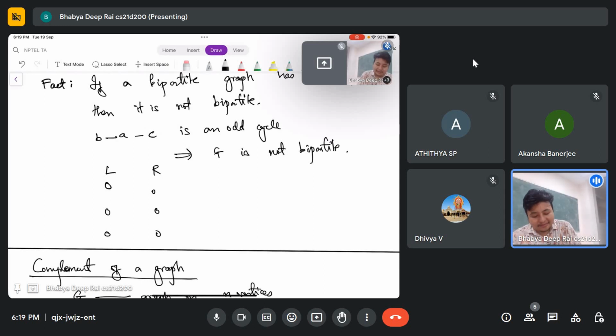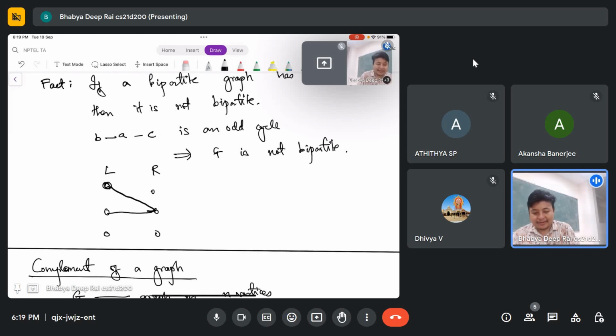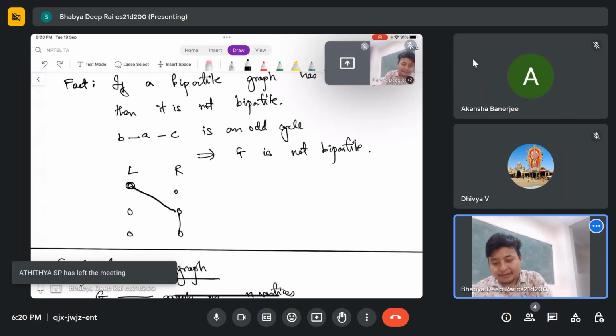Why? Let's try to build a cycle. Here is one edge, starting from this vertex, and here is one edge. Why am I drawing an edge to the left? Because if I draw an edge here, it will no more be bipartite because I'm having edges in the same partition, right?